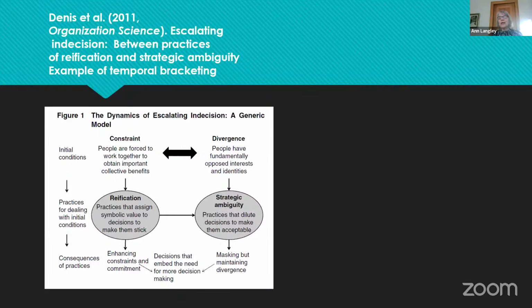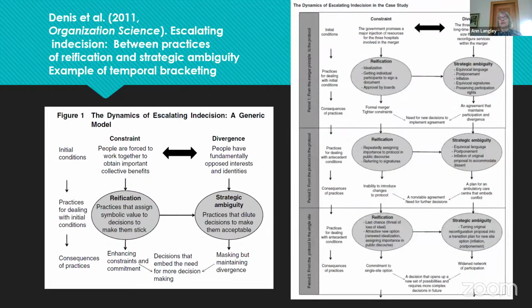And in order to do that, they would have to make it ambiguous, which meant that they could not implement the decision because it was ambiguous. So they would have to decide all over again. And so this is the overall model, but we followed it through empirically with 3 different stages.